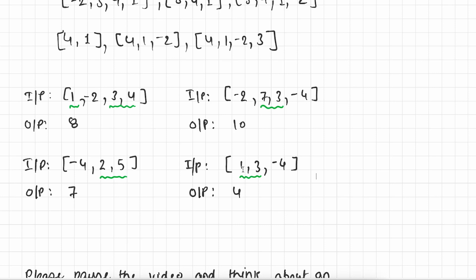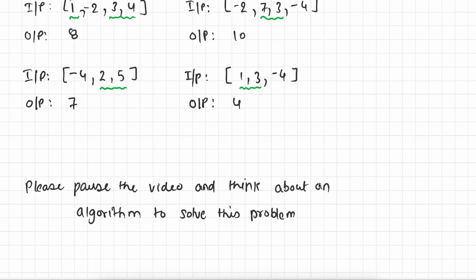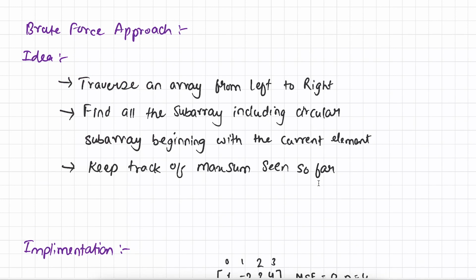So to solve this problem, you have to consider the normal subarrays and the circular subarrays and find the maximum circular subarray sum. So I hope now you understand this problem really well. So let's pause the video and think about an algorithm to solve this problem. Alright, I hope by now you would have at least written a basic program to solve this problem.